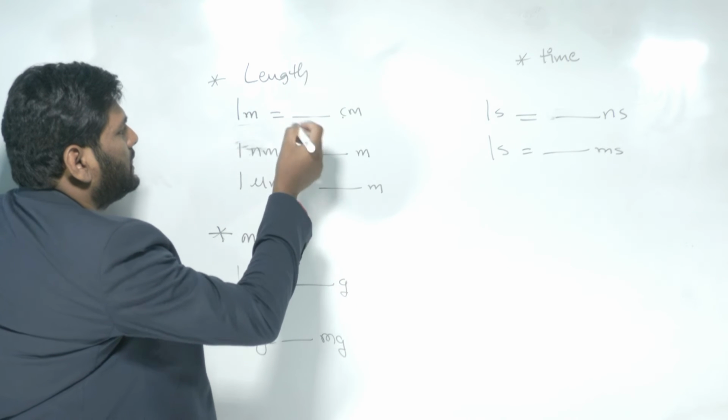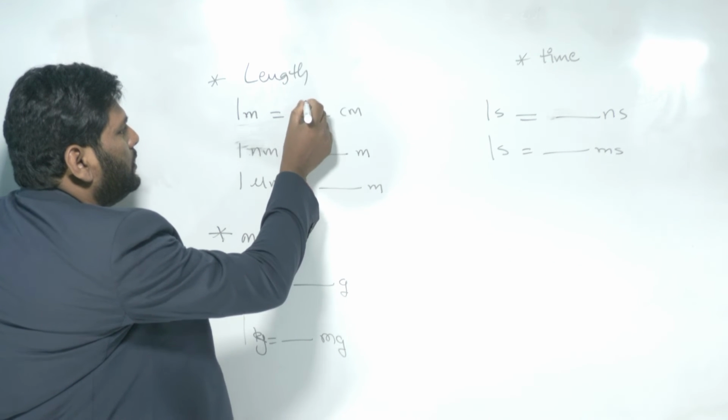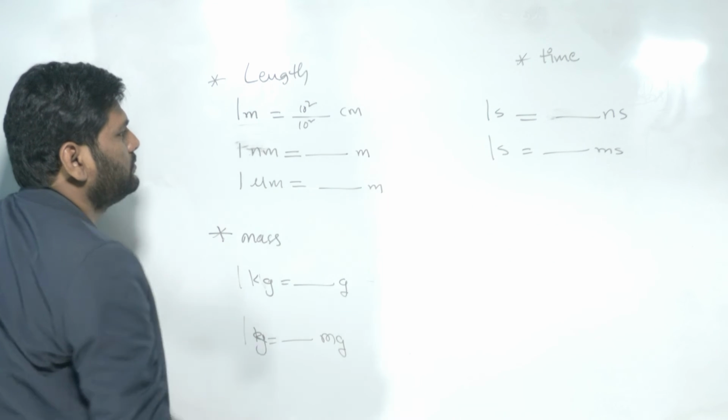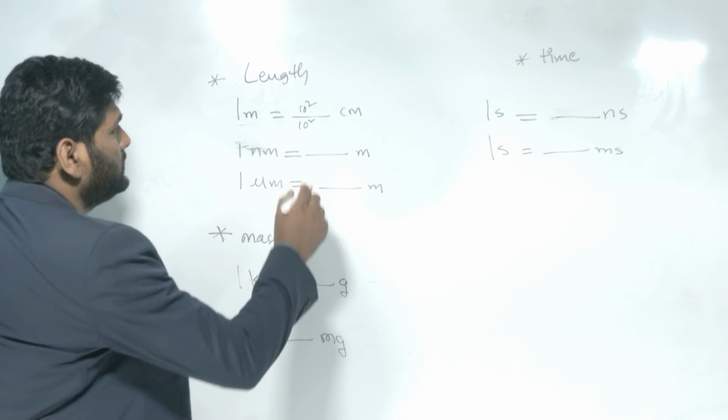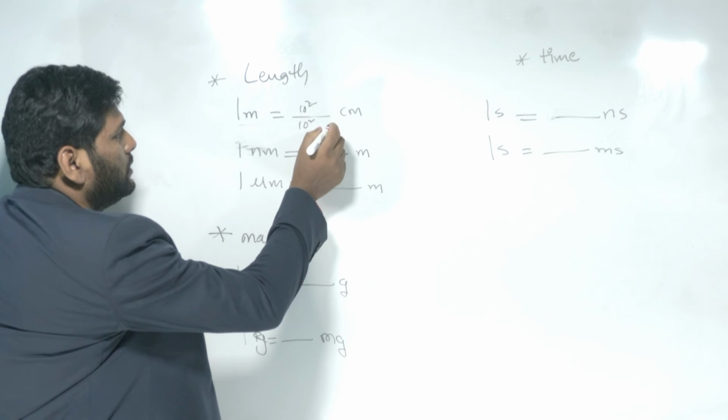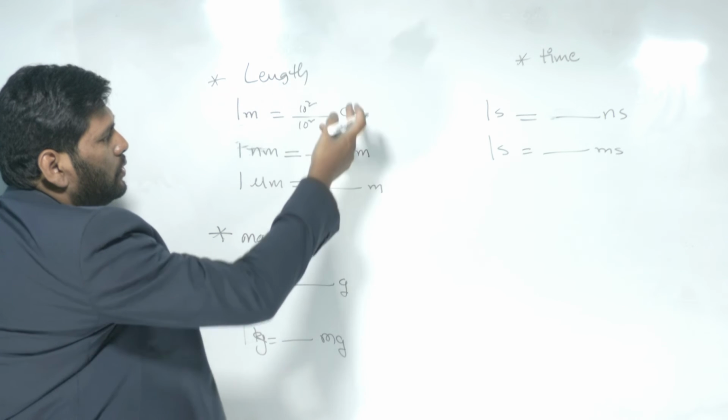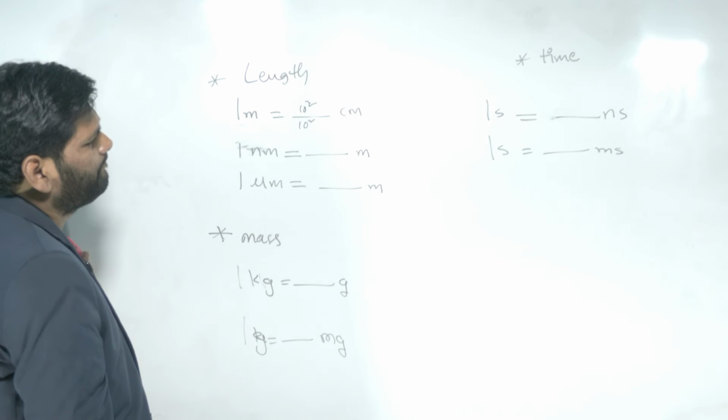So let's take 10 power 2 by 10 power 2, isn't it? Now look, I'm writing 10 power 2 by 10 power 2.